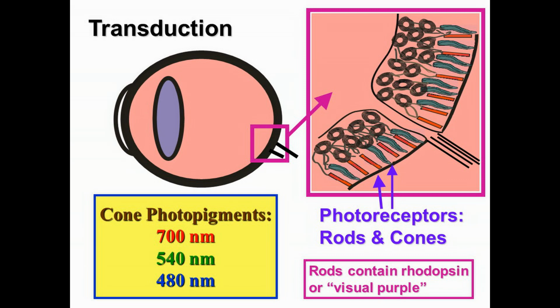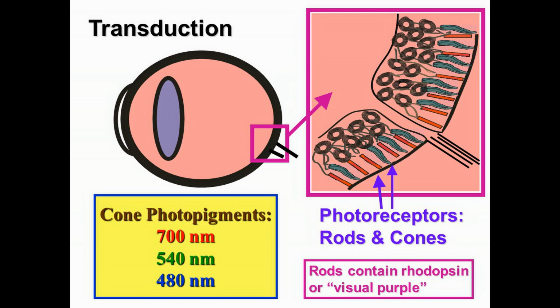What's important for you here is that the rods contain rhodopsin. It undergoes a chemical change when exposed to light of a particular wavelength, and that is the basis for transduction, or the conversion of light energy in the environment into neural impulses in our nervous system.